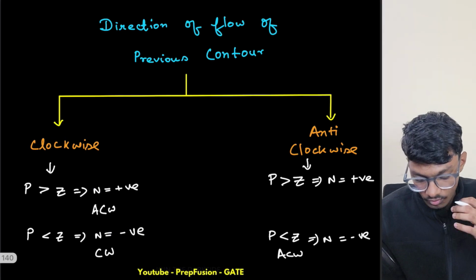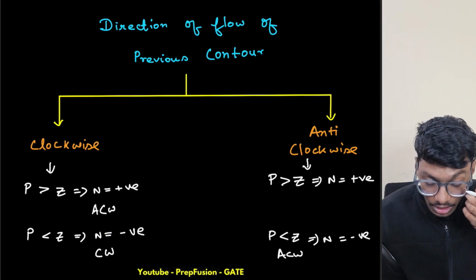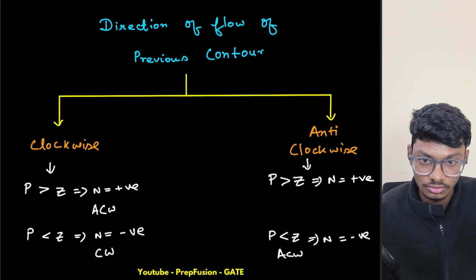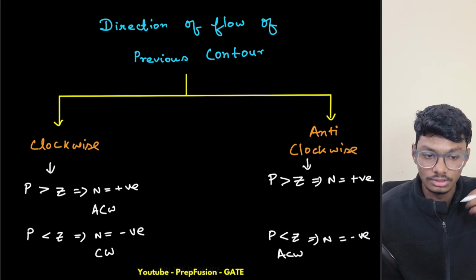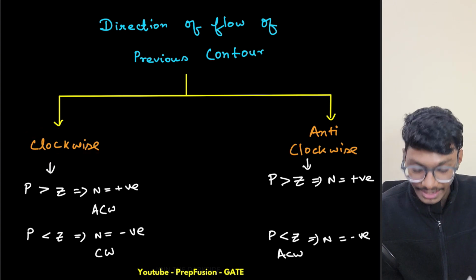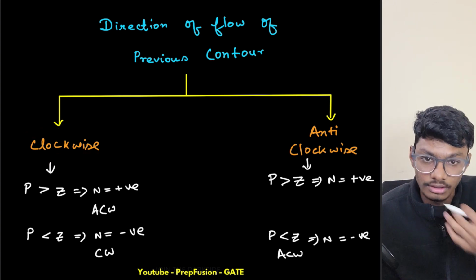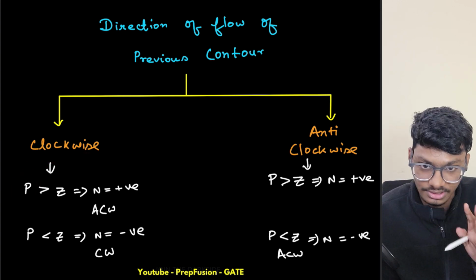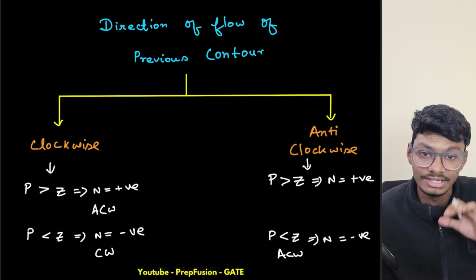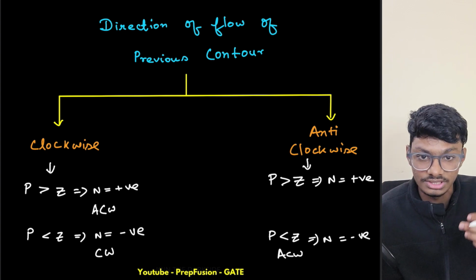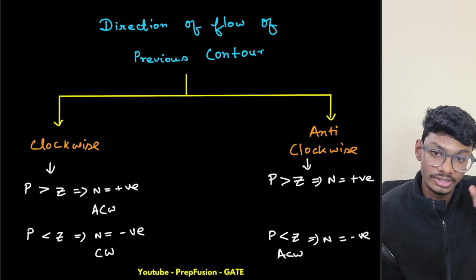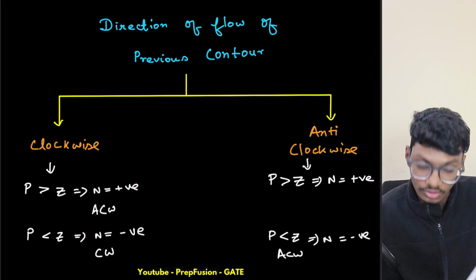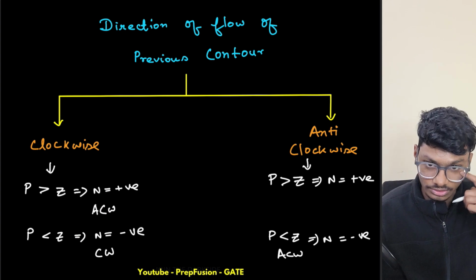Now we'll understand, according to the direction of flow of my previous contour, what the direction of my new mapped contour will be. If the direction of the given contour is clockwise, and p is greater than z, that is the number of poles inside the contour is more than the number of zeros, then n will be positive, and the direction of the new contour will be anti-clockwise.